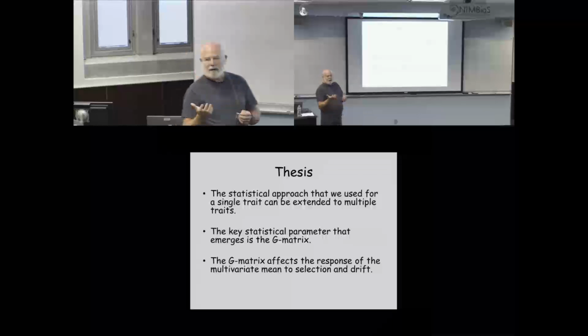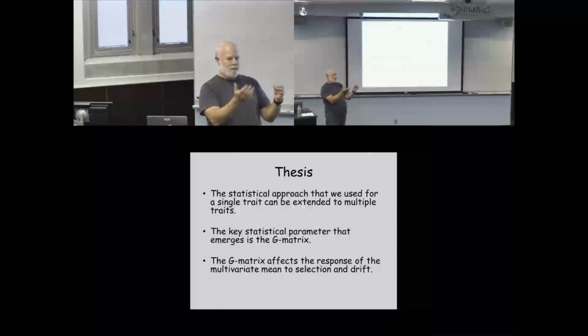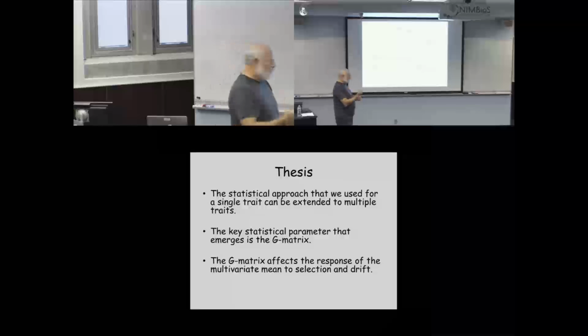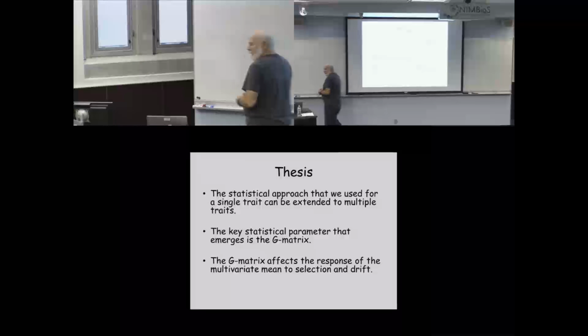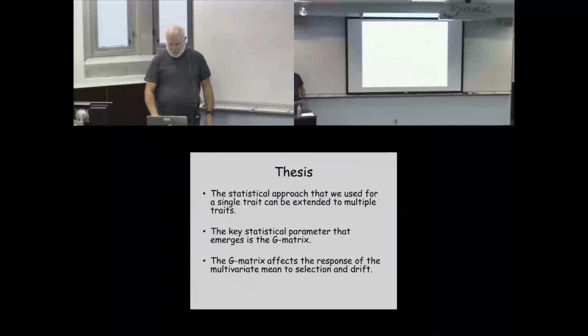Okay, so when we look back at the univariate case, we go, oh, well, maybe we shouldn't have been using heritability. Maybe we should have been thinking about G there, not just in the multivariate case. So in general, there are important lessons to be learned from the multivariate case.